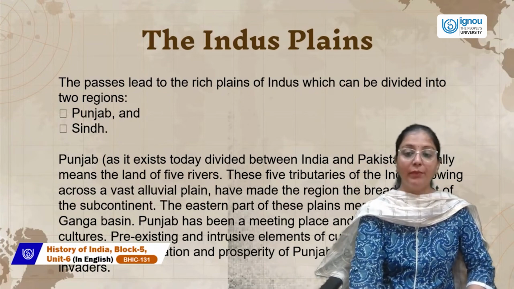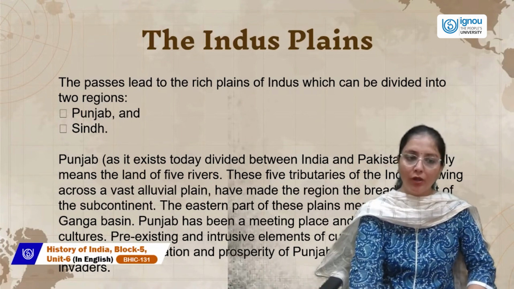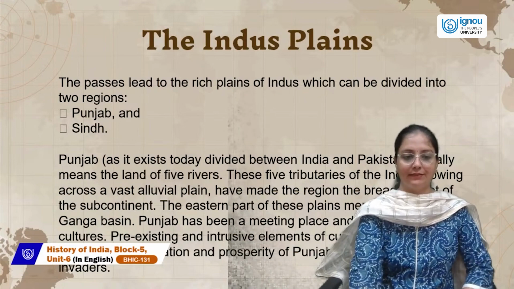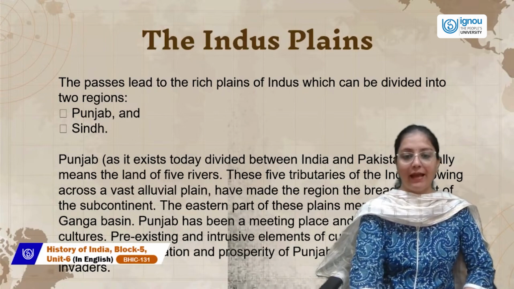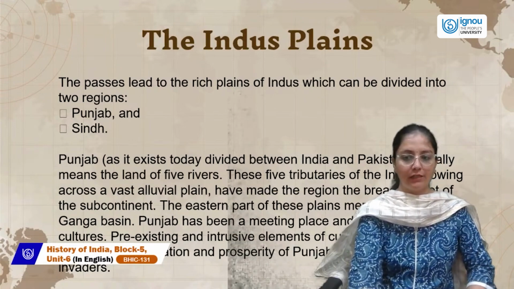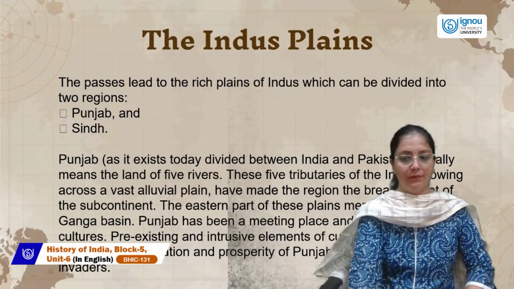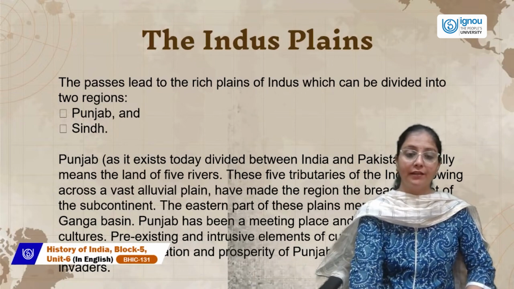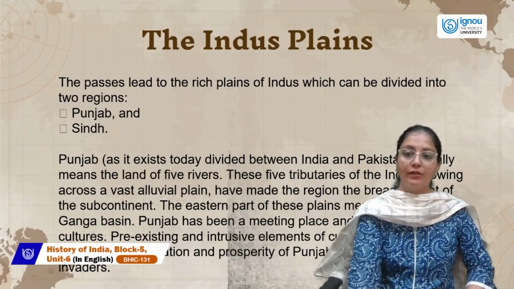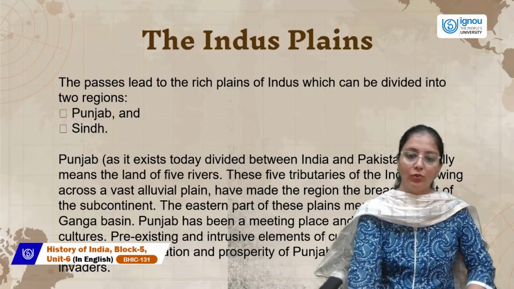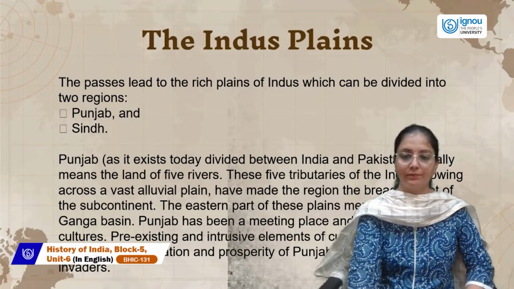Punjab has been a meeting place and melting pot of cultures. Pre-existing and intrusive elements of cultures have fused here. Because of its strategic location and prosperity, Punjab has always invited invaders, who came to trade from their countries.